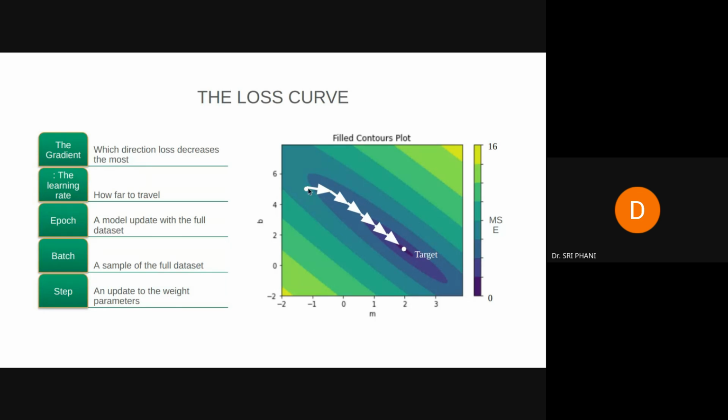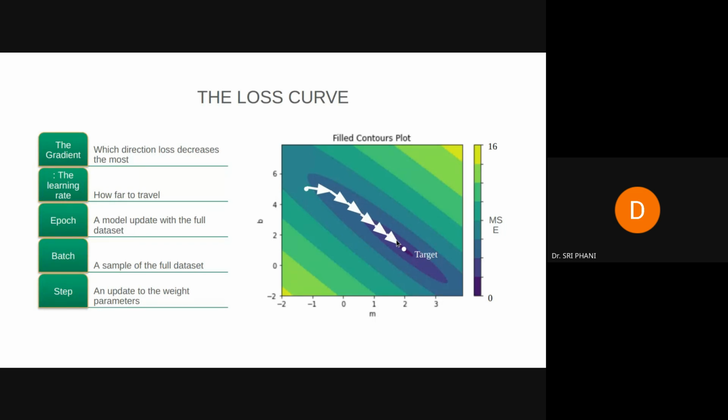So how can you move from here to here? It's very simple. You compute the error at this point, you take the gradient of that error, and you move one step using error back propagation. Again you have new M and B values, with which you compute the gradient again and update your M and B, so on and so forth.